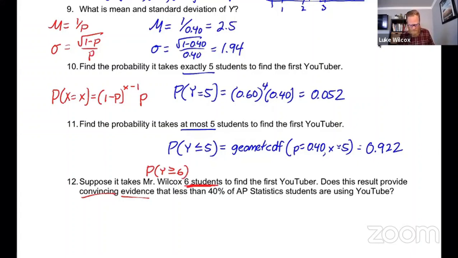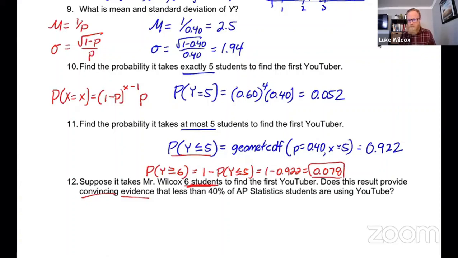Well, we know from question number 11, the probability of getting less than or equal to 5, this is just the complement of that. So I just want to do 1 minus the probability that y is less than or equal to 5, which we just calculated as 0.922. And so now I'm getting my p-value here of 0.078.